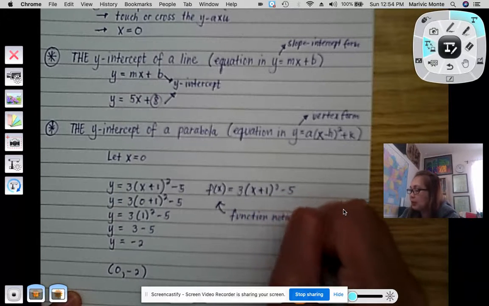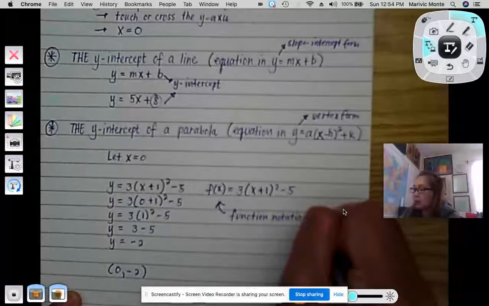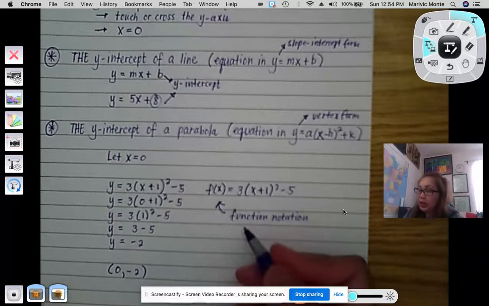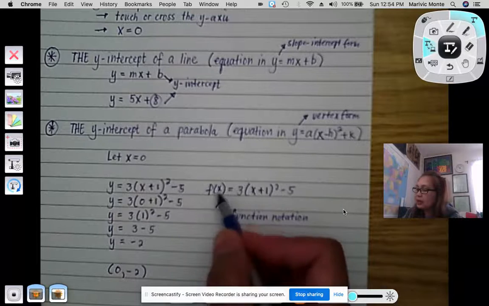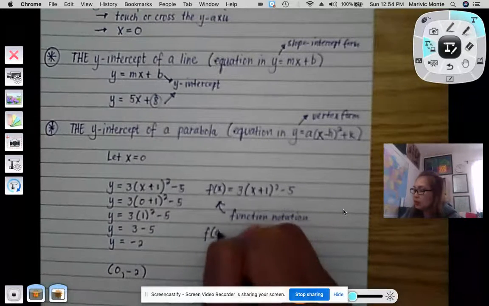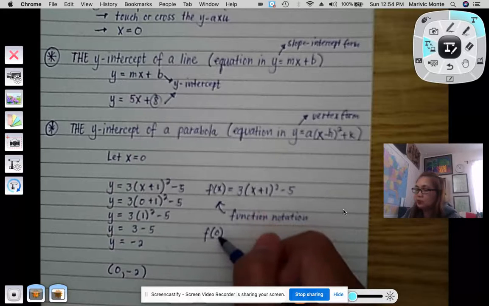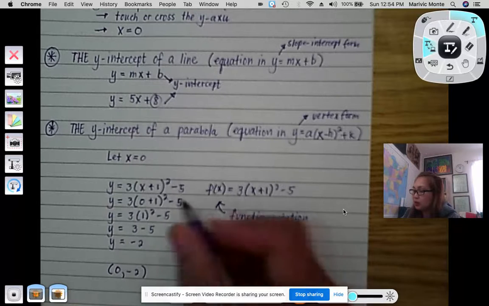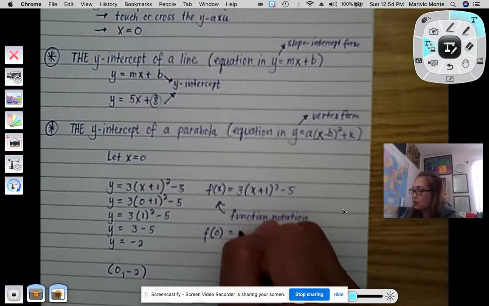But it means the same thing. Instead of y, it will allow you to write f of 0, which is when you substitute the value of x with 0. Everything else is going to be the same.